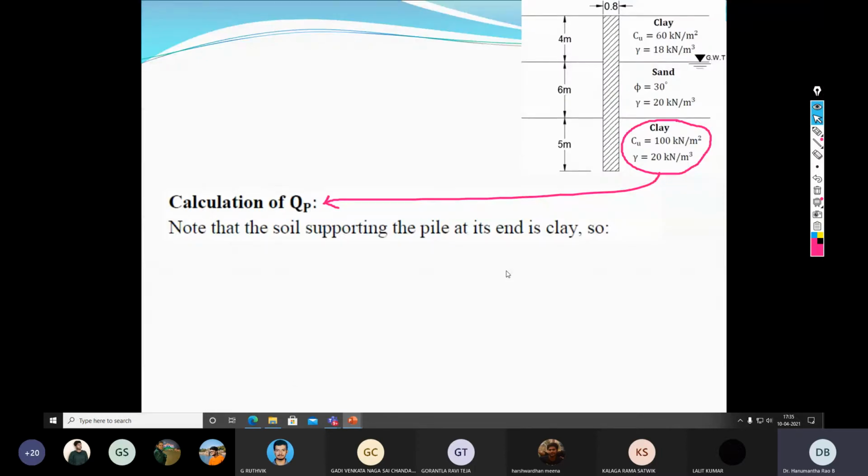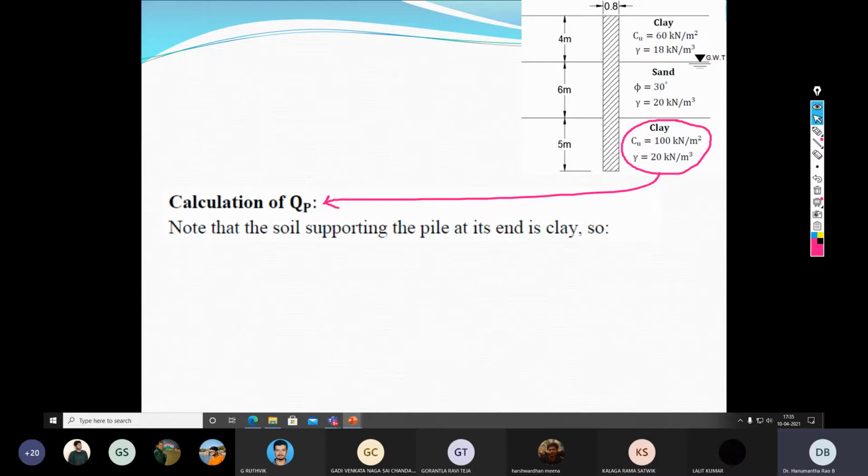Okay, so you can use any of the theories, but especially look at the given data and the corresponding equation to be chosen. So here only Cu has been given and gamma has been given. Suppose if you want to use Vesic's theory, you need elastic properties of the soil, but no elastic properties of the soil have been given.